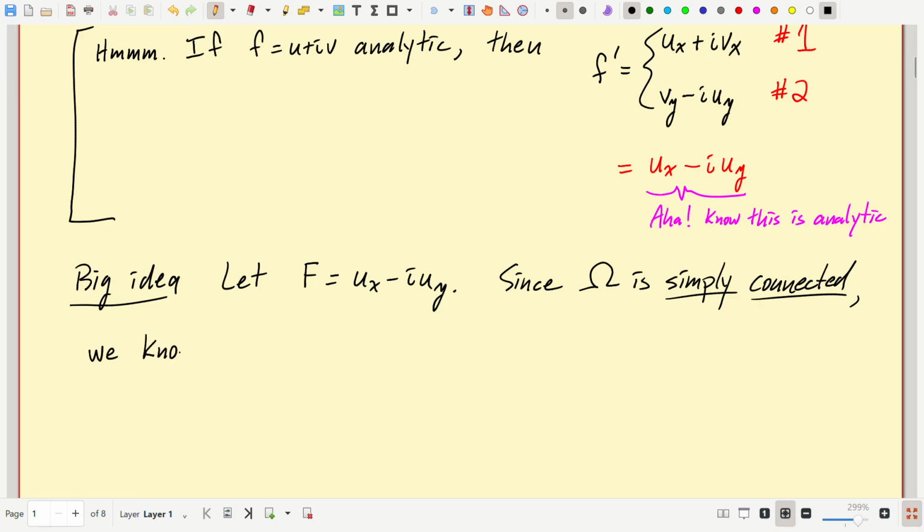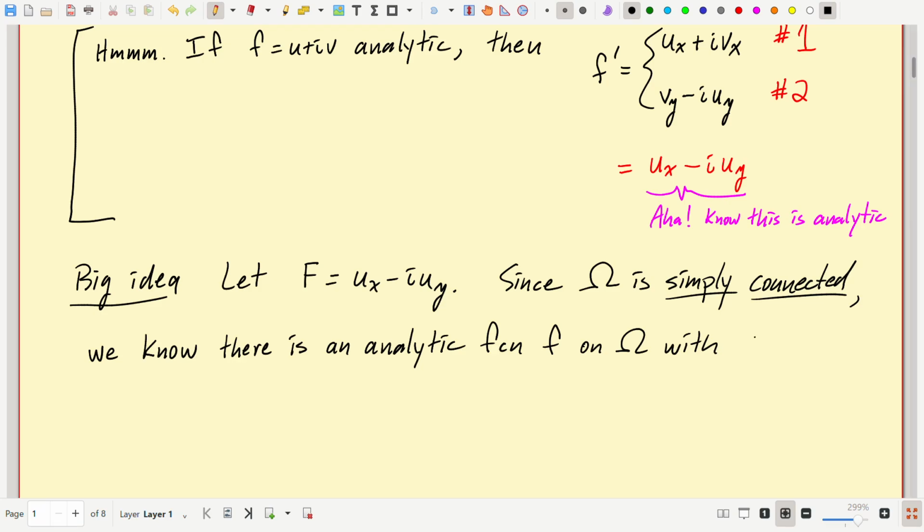So we know there is an F. I didn't define that F above, I was just thinking out loud. Maybe I should call it a G, but I think I'll call it an F anyway. There is an analytic function little f such that f prime equals capital F on omega.